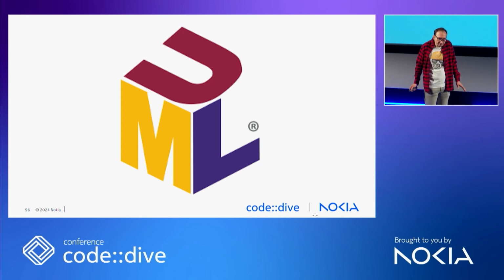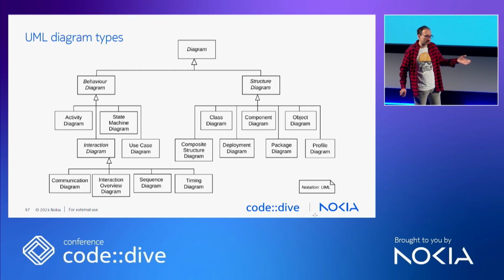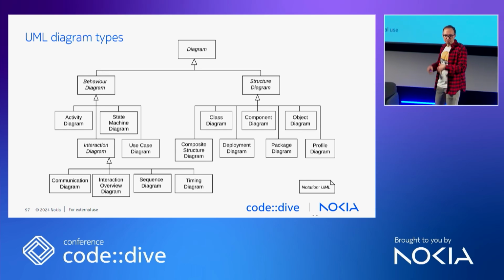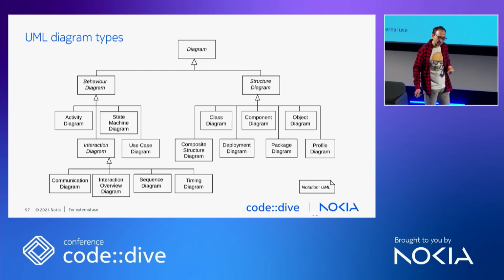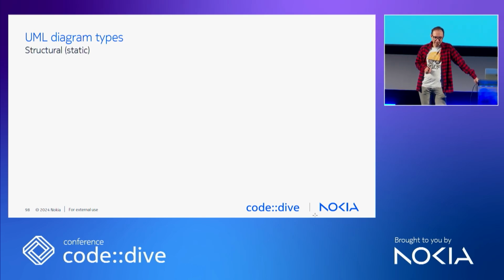There are, it's a good thing you are sitting, 14 different diagram types in the UML standard. They are classified either as structural diagrams, so static ones depicting the structure of the system, and dynamic ones, behavioral diagrams, which depict the behavior of the system. So I will quickly browse through them. Bear with me.